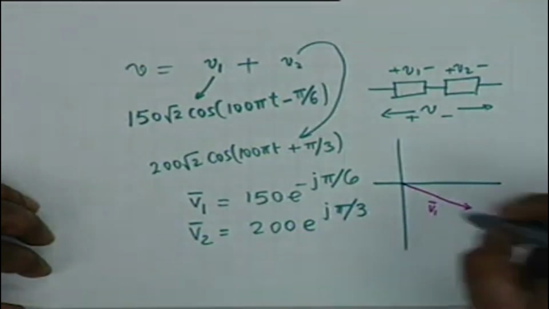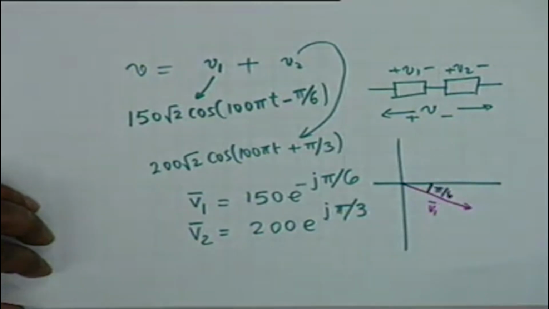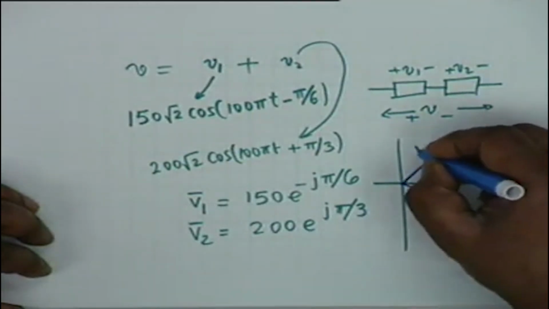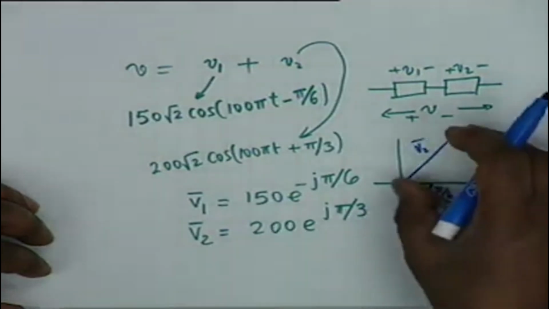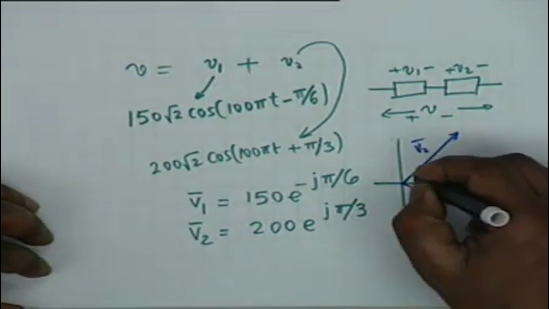Then this angle is pi by 6, and then the other phasor is 200 e to the j pi by 3, let's say this V2 bar. This length is 200 and this angle is pi by 3.